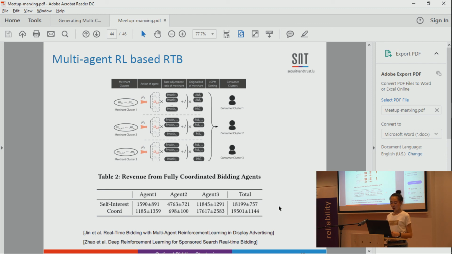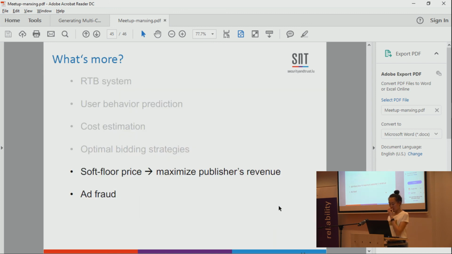I think right now, deep reinforcement learning technique is being widely studied by the industry and also by academia. And personally, my research interest also lies in using reinforcement learning-based techniques to design real-time bidding functions. Of course, there are many more research topics in this area. For example, today I only explained the models being used by the advertisers.